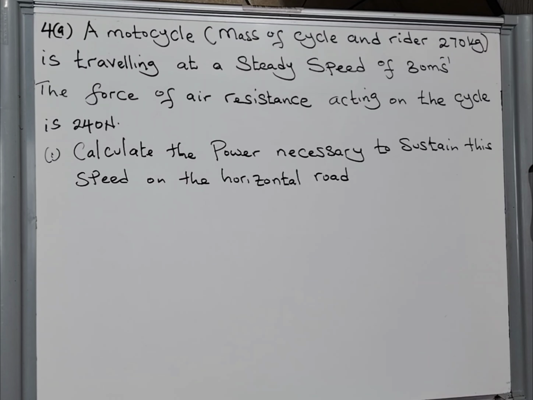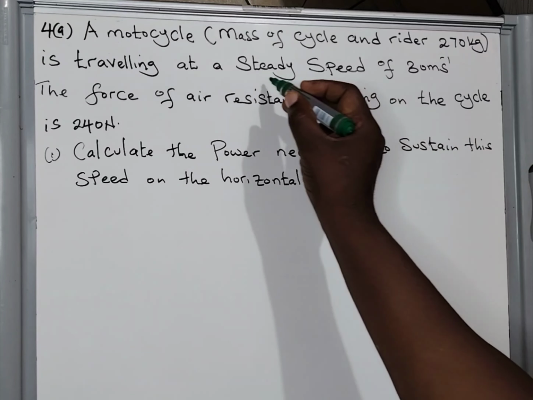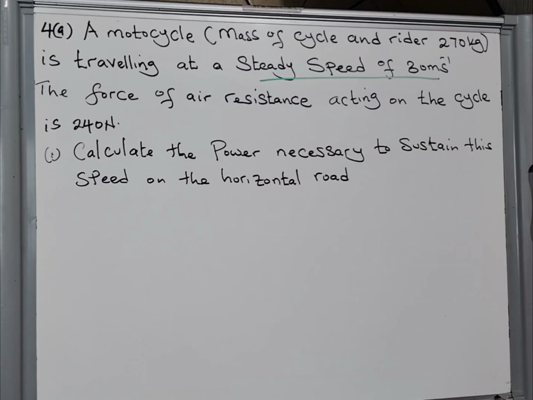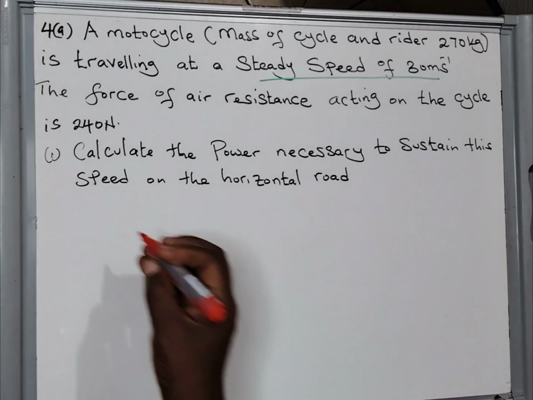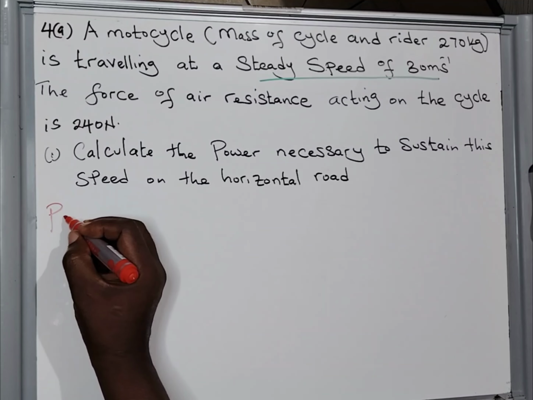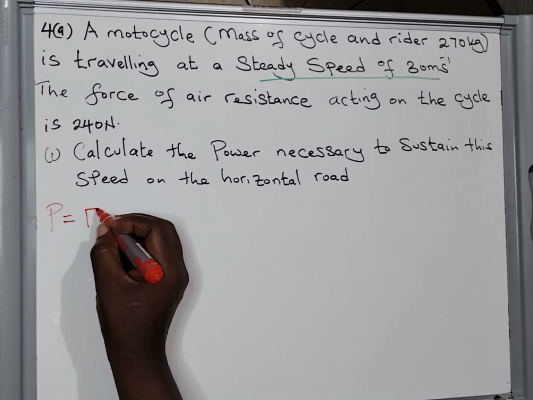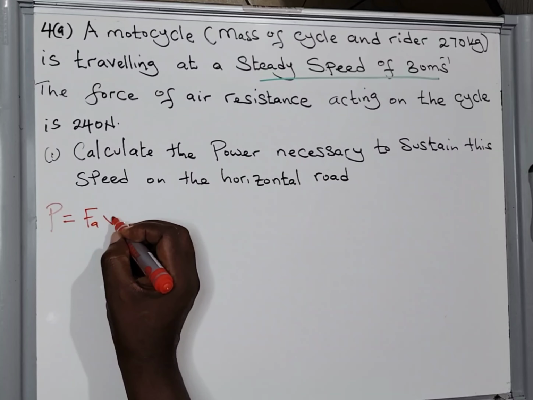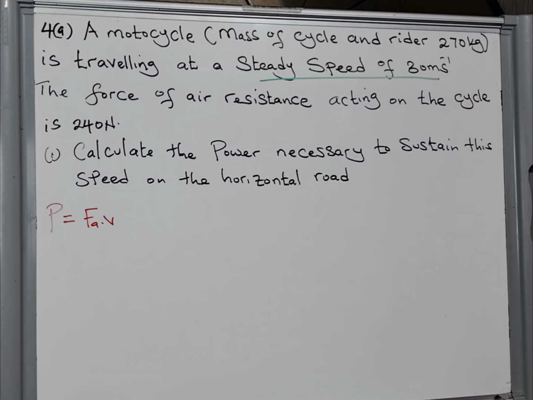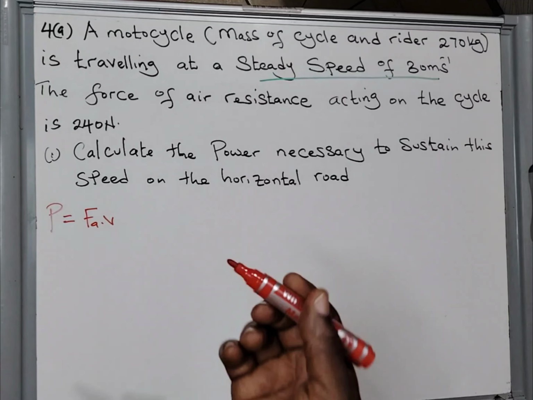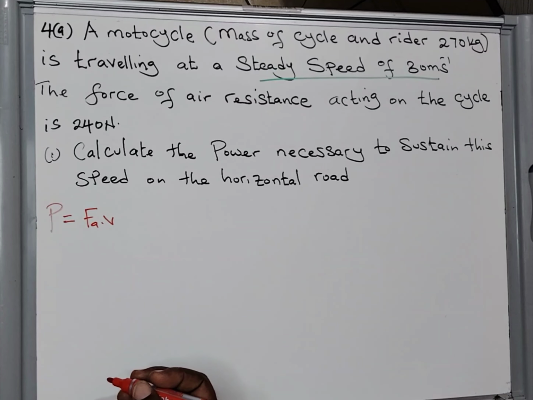Okay, first of all, you have to take note. They said steady speed. So every time that aspect comes in, constant velocity, it means that we are inclined to have to use this. Then let us check what we have.